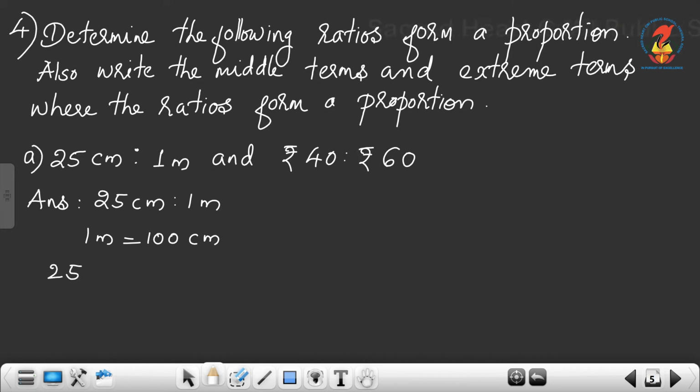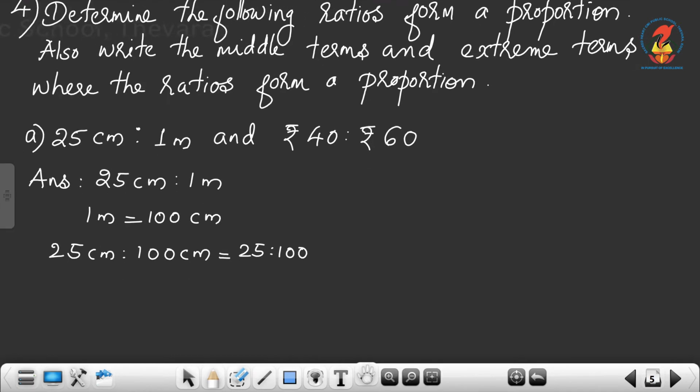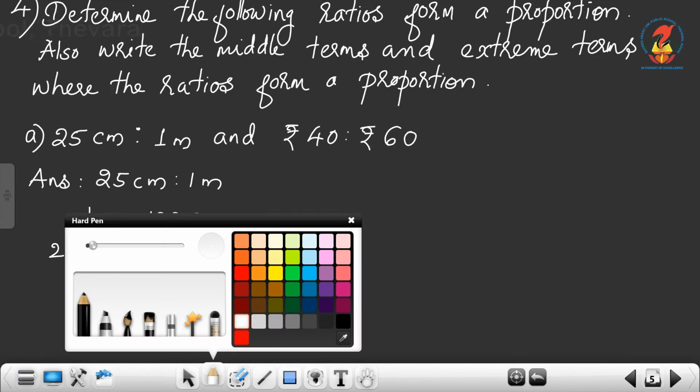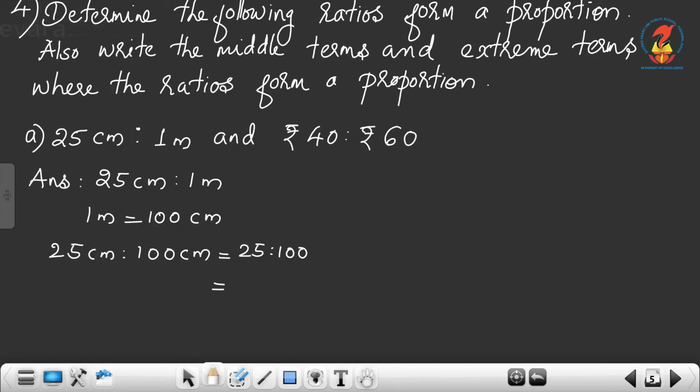So, we can write 25 centimeter is to 1 meter as 25 centimeter is to 100 centimeter. Then 25 centimeter is to 100 centimeter means it is 25 is to 100, which is 25 by 100.